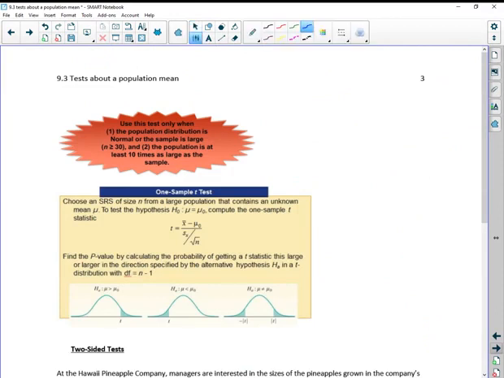Okay, so we're going to use a t-test only when the population distribution can be shown to be normal. And we know that the t distribution is robust, so we can prove this normalcy is happening even at lower levels than 30, because if it's over 30, we're meeting CLT.